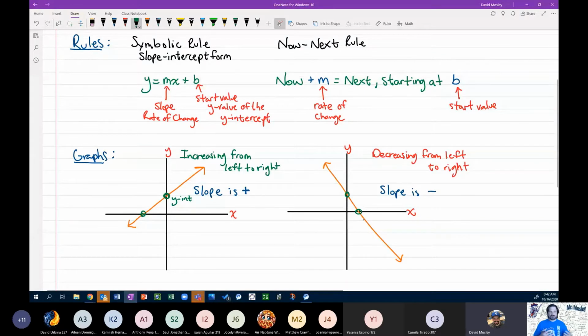There are times where we'll need the x-intercept, but that's what we're getting to starting next week, the importance of the x-intercept. We'll get there next week. But for now, when we're focusing on representing a linear function and using a rule, we need the y-intercept. That's the important value that exists on our line right here.